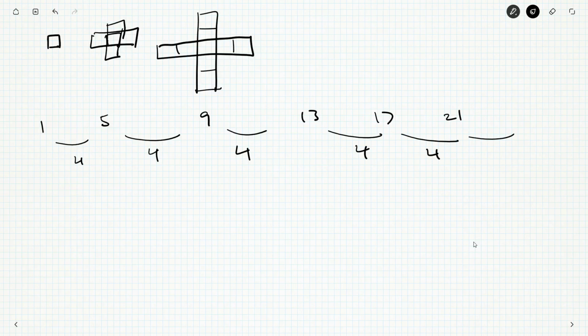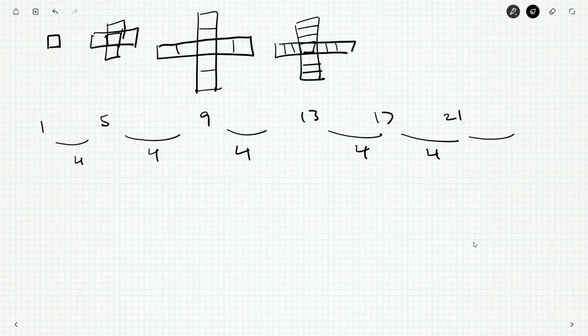If you want to double check the sequence, make the next figure that they haven't given us by constructing it the way we know how to. And we'll see that it really does have the right number. 1, 2, 3, 4, 5, 6, 7, 8, 9, 10, 11, 12, and 13. Yeah, it's 13.